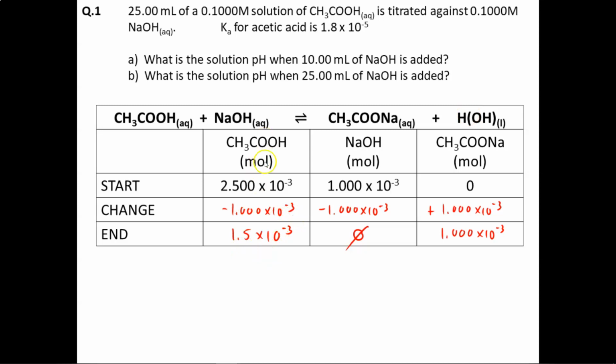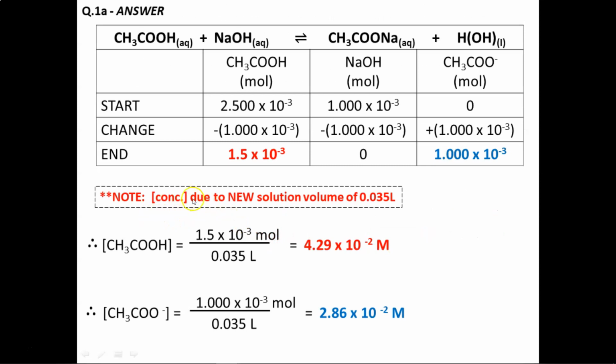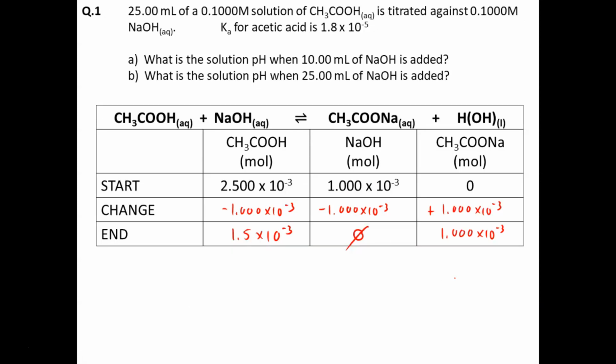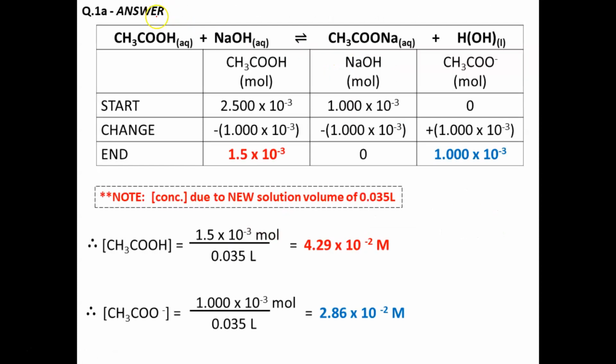Now that I have the number of moles of the acetic acid and the sodium acetate, I can calculate their new concentrations. This new concentration, of course, is due to the new solution volume of 35 milliliters. The 35 milliliters came from 25 milliliters of the acetic acid and the 10 milliliters of the sodium hydroxide, so 10 plus 25 adds up to 35 milliliters in total.